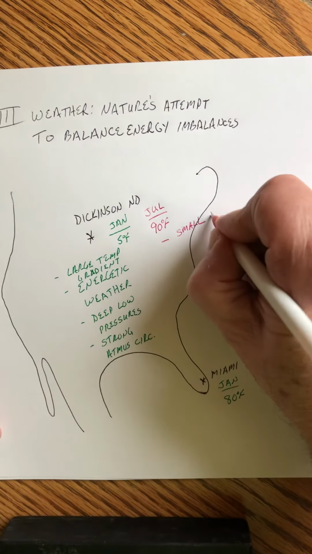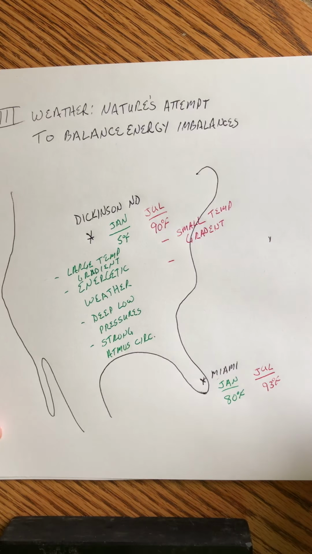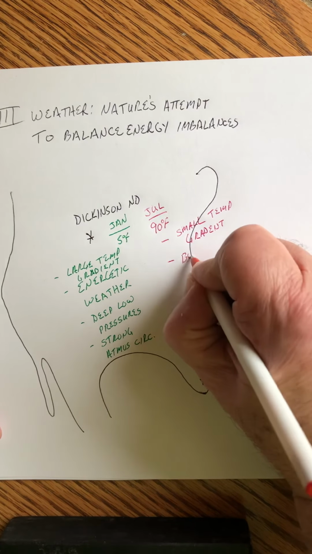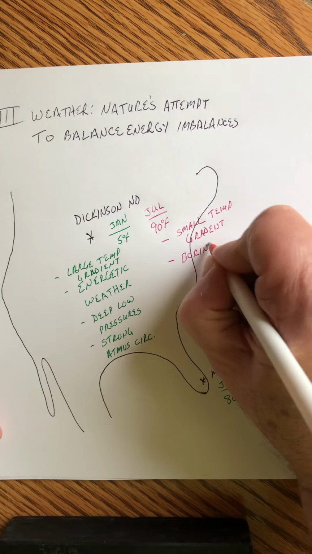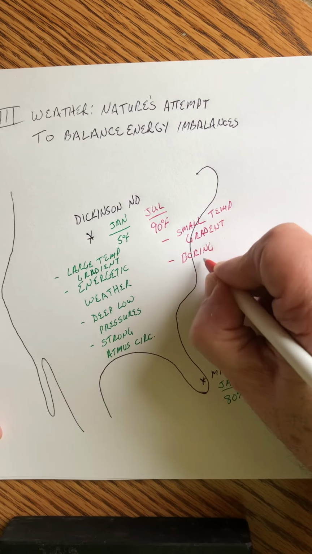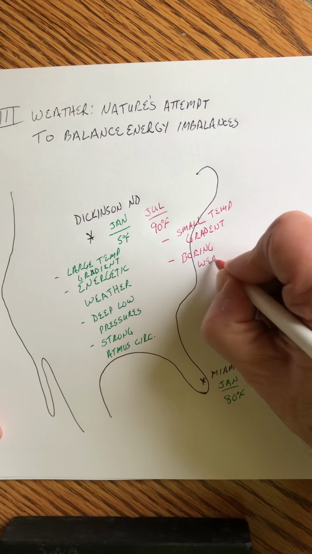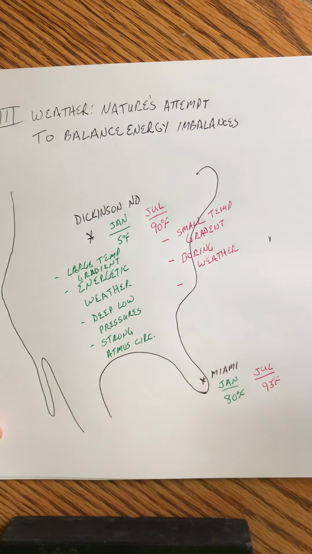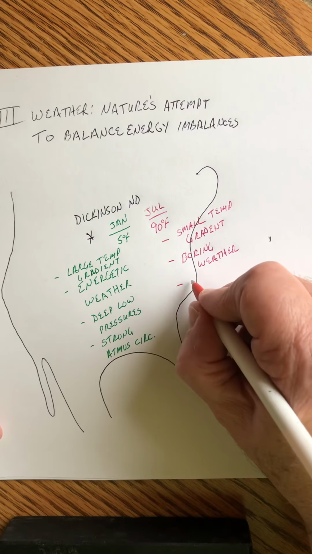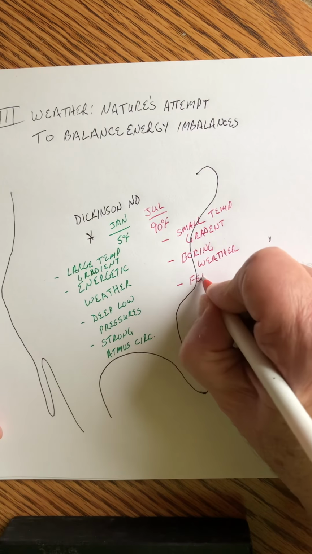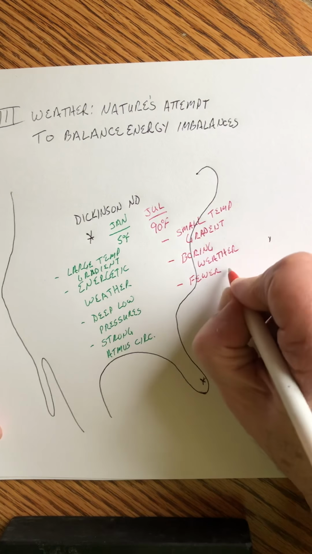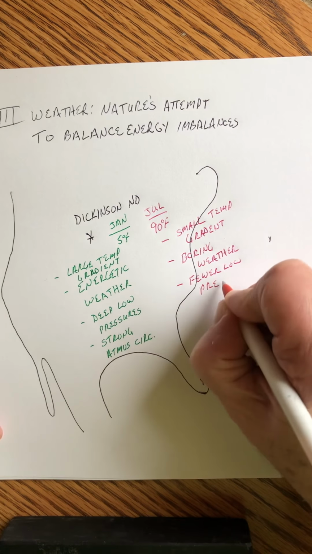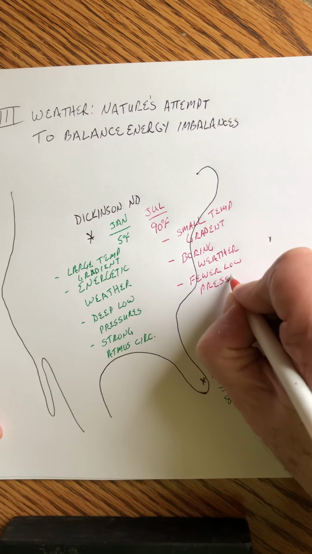And so as a result, the weather actually is going to be pretty boring, at least in terms of atmospheric circulation. Boring weather. You're not going to have many low pressures, fewer storm systems, fewer low pressures. They're going to be less vigorous.